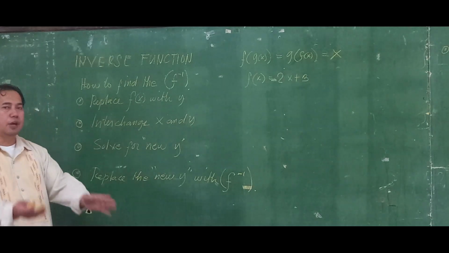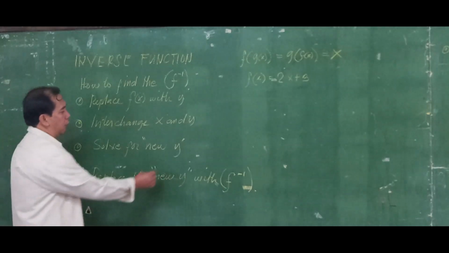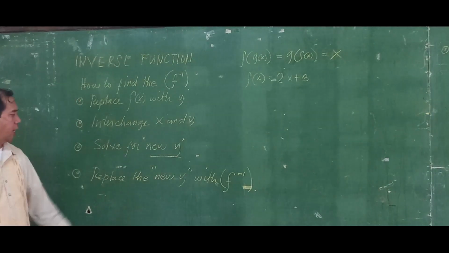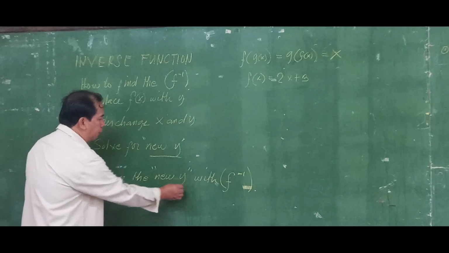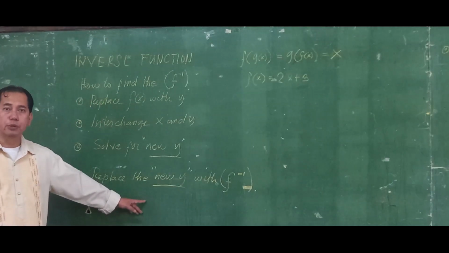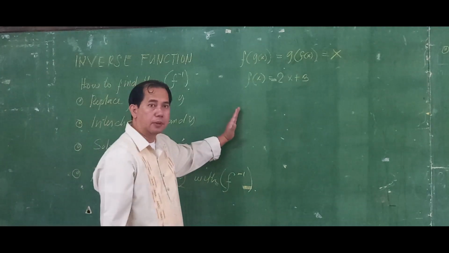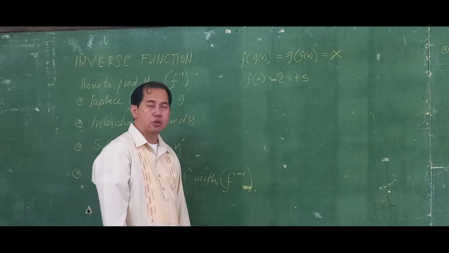And of course, if you have already interchanged the position of x and y, there will be a new y. And that's the time you compute now for the value of this one. Now let's try to look into this one. Okay, let's try to solve it.